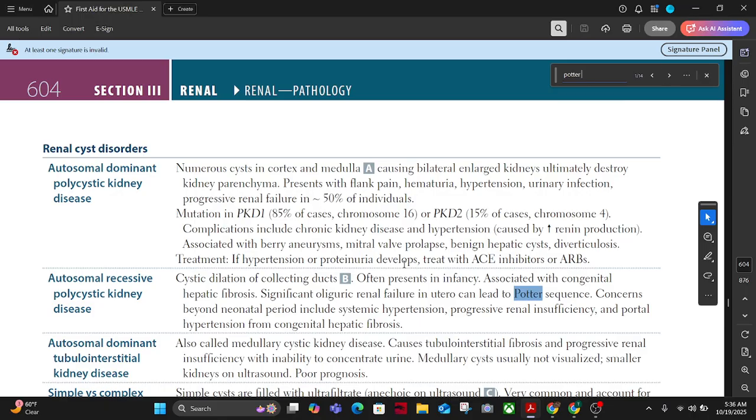So it's associated with congenital hepatic fibrosis, and significant oliguric renal failure in utero can lead to Potter sequence.